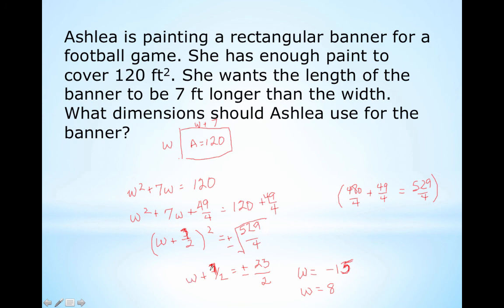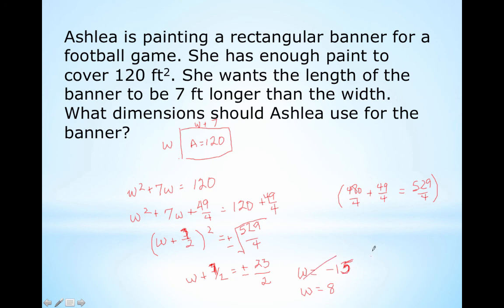So I've got w plus 7 over 2 equals the positive or negative value. 529 is a perfect square, folks. It's 23. So 23 over 2. My w then could be equal to -15 or 8. So let's think about this. If this is a real world example and I'm looking for a dimension, could my w be equal to -15?